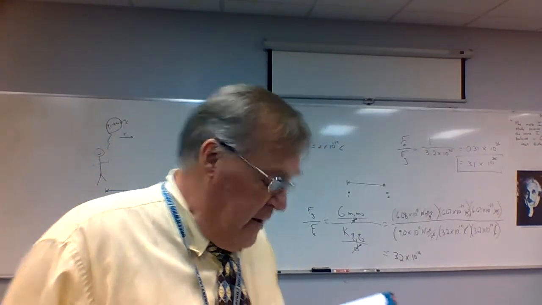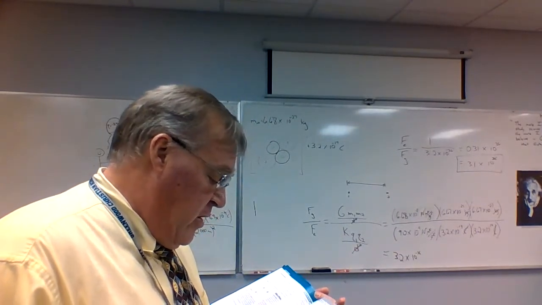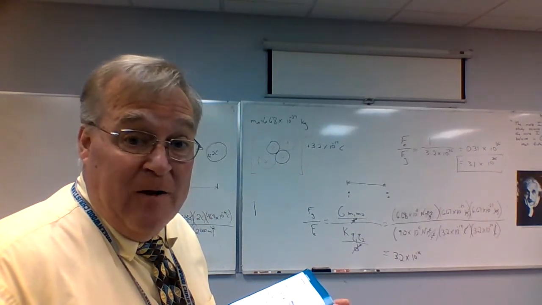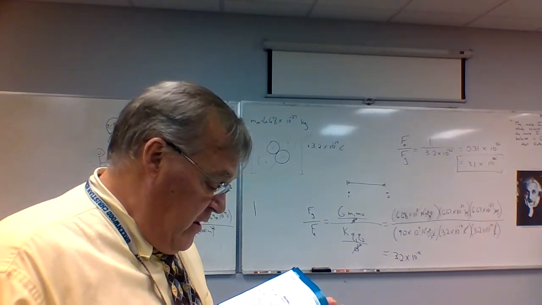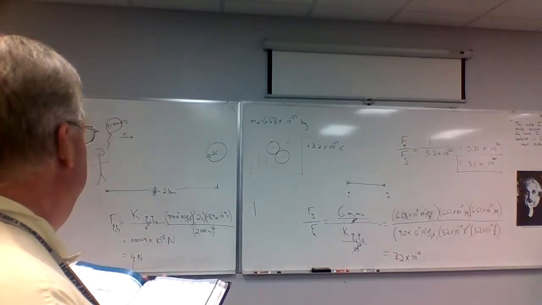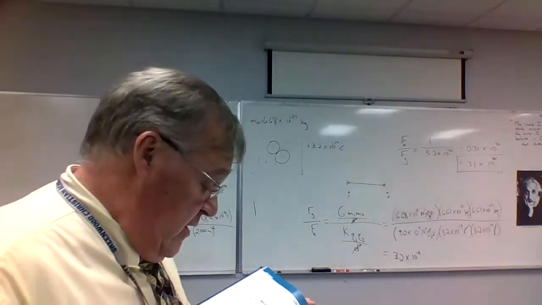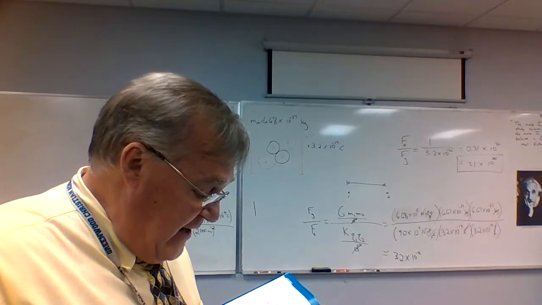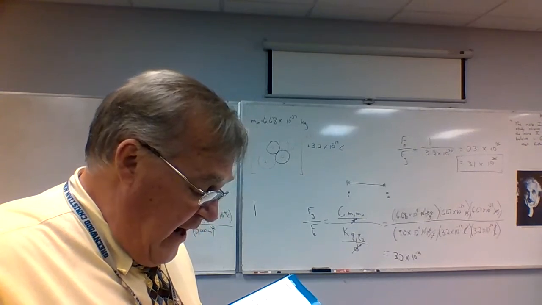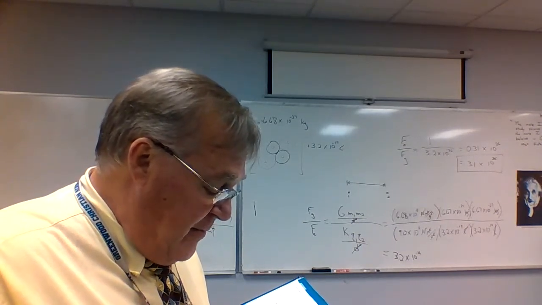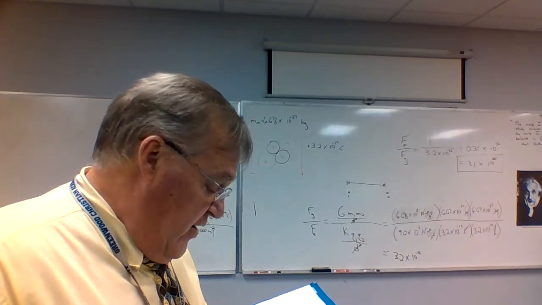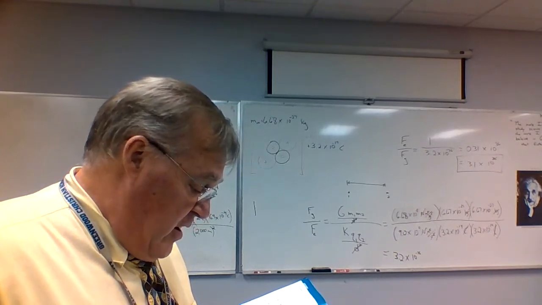Number 11. According to the diagram, what is the net force exerted by charges A and B on charge C? Okay, does everybody see the diagram? So what we're going to have to do is use Coulomb's law to figure out the force on C from A, and the force on C from B. You'll notice their distances are a mirror.